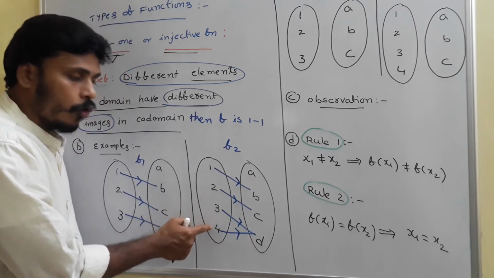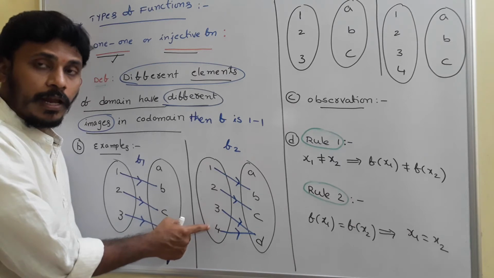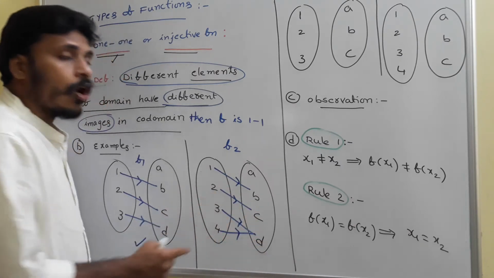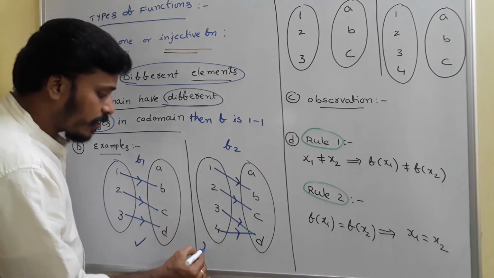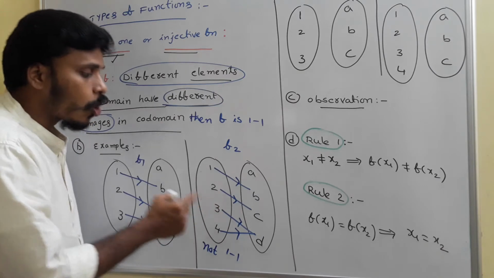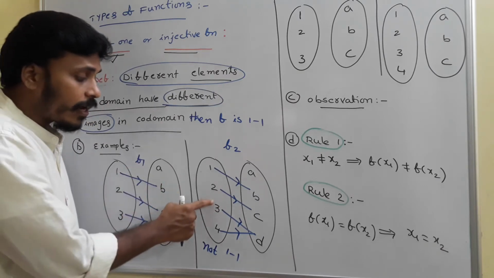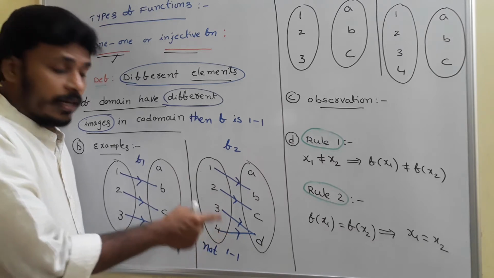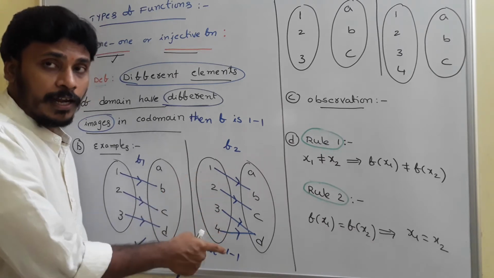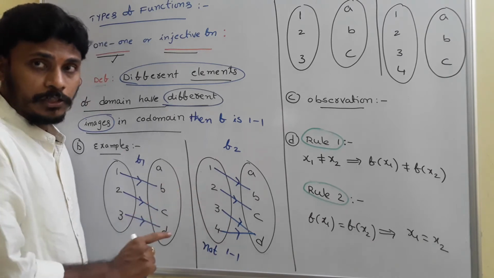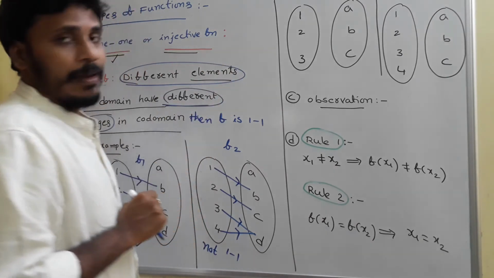Here 3 and 4 are different elements in the domain, but their images are not different, and that's why this is not one-one. This is one-one, but this is not. Different elements are corresponding to the same image, so different elements are not having different images in this example, and that's why we say it is not a one-one function.